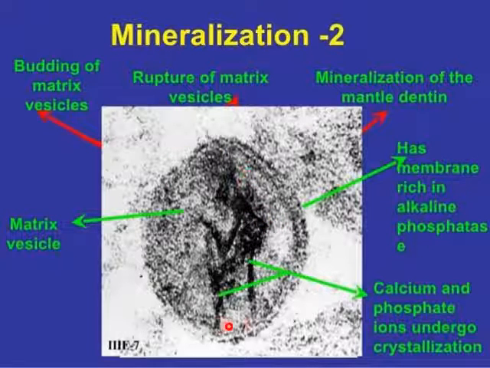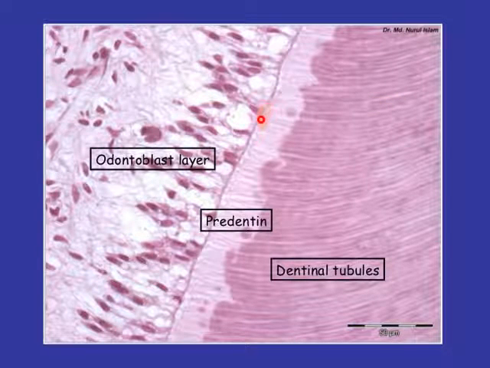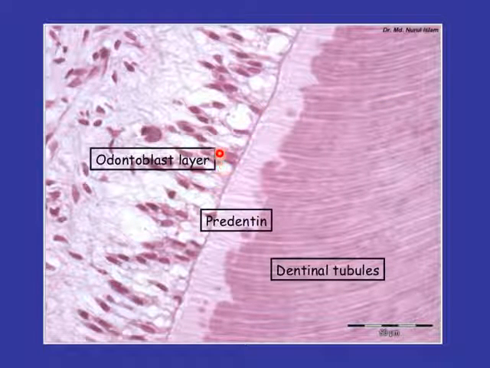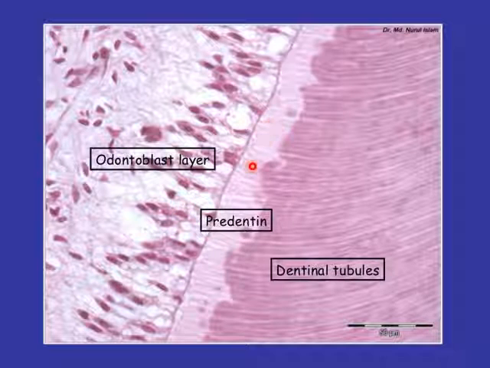This is the electron microscopic picture of a matrix vesicle. When the matrix vesicle ruptures, the mineralization of mantle dentin begins. This is also the odontoblast layer, this is the predentin, and this is the mineralized dentin. These are the dentinal tubules in mineralized dentin, and this is the globular mineralization.